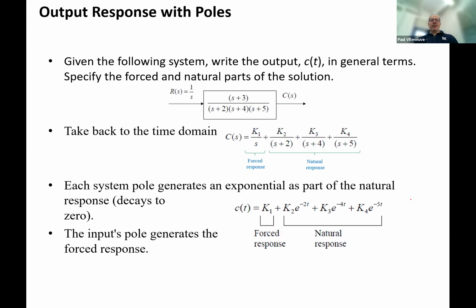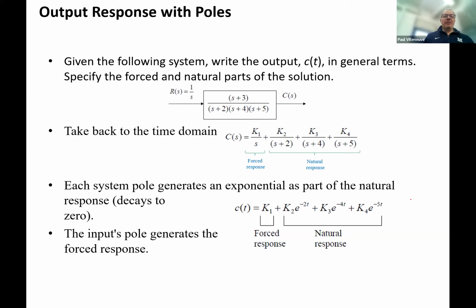So just a summary there. The last little bit on this topic: if we have a transfer function that we see here, it's all going to be stable, meaning all those poles are in the left-hand half plane.